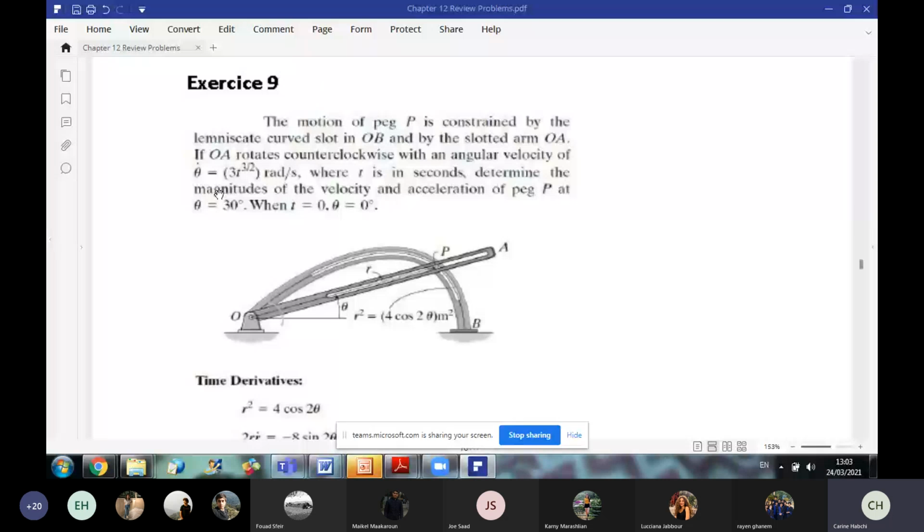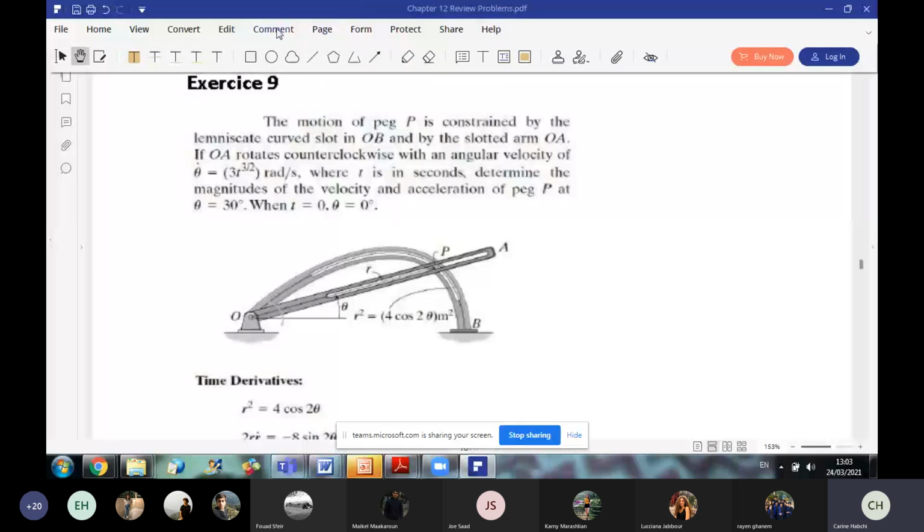If OA rotates counterclockwise with an angular velocity of theta dot equals 3t to the power 3/2, where t is in seconds, determine the magnitudes of the velocity and acceleration of P when theta equals 30 degrees, knowing that when t equals 0, theta is equal to 0 degrees.